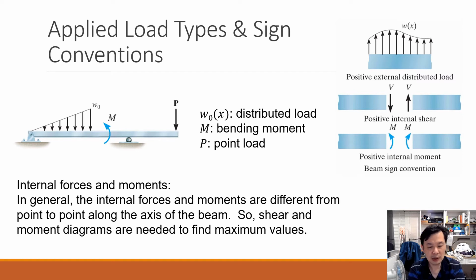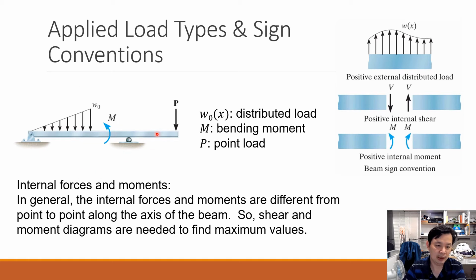Then after we introduce the beam structure or the type of the beam in previous slides, next in these slides we'd like to go to the applied load types and the sign convention.